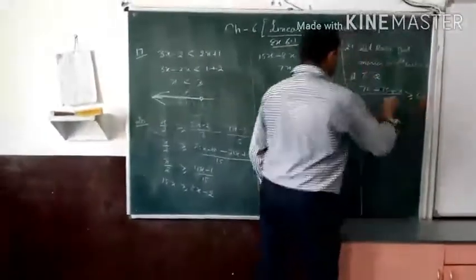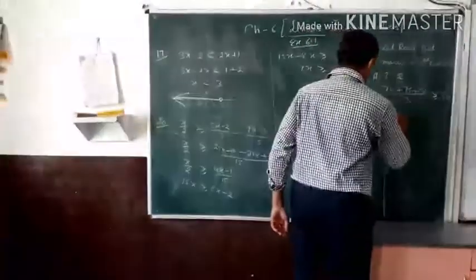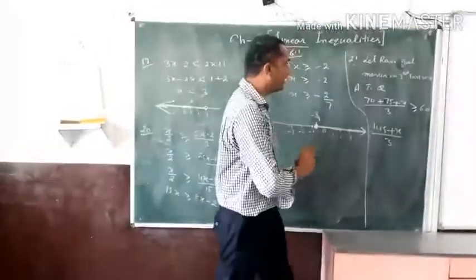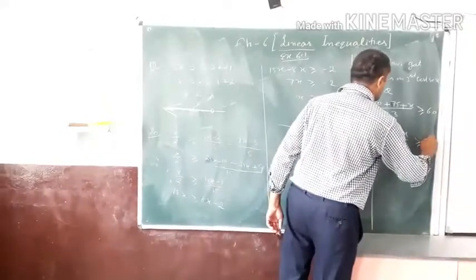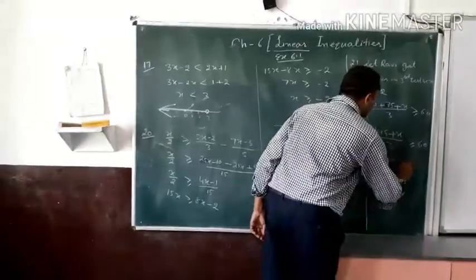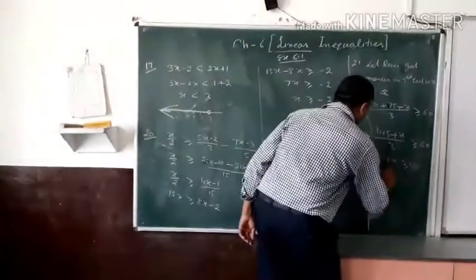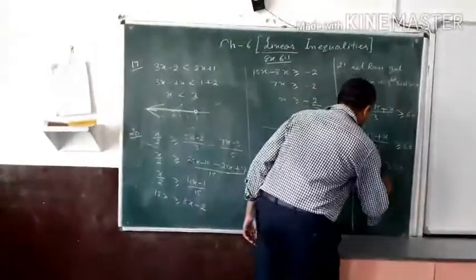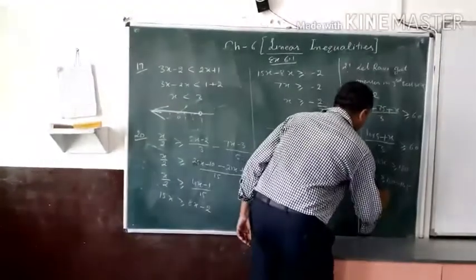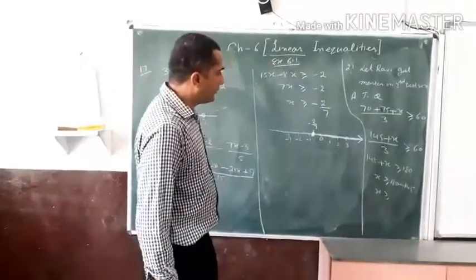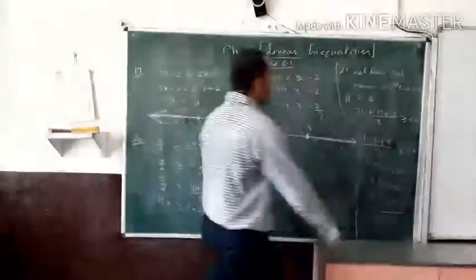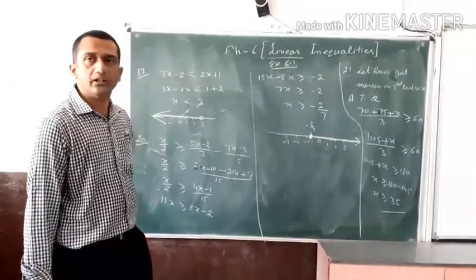So 145 plus x over 3 greater than or equal to 60. 145 plus x greater than or equal to 180, so x greater than or equal to 180 minus 145, which is 35. So the marks in the third test must be at least 35.